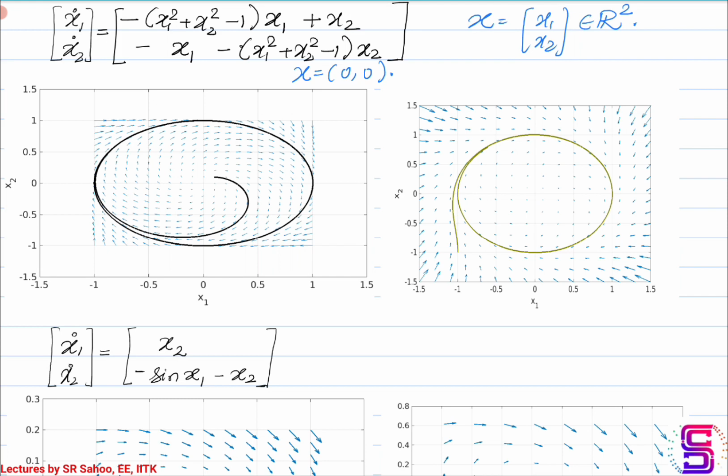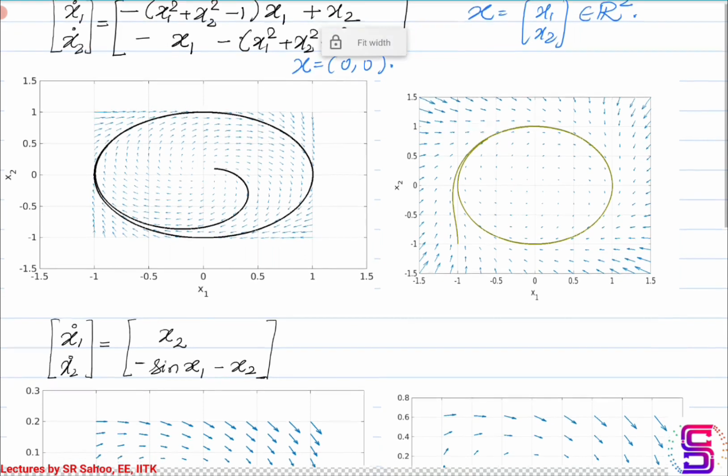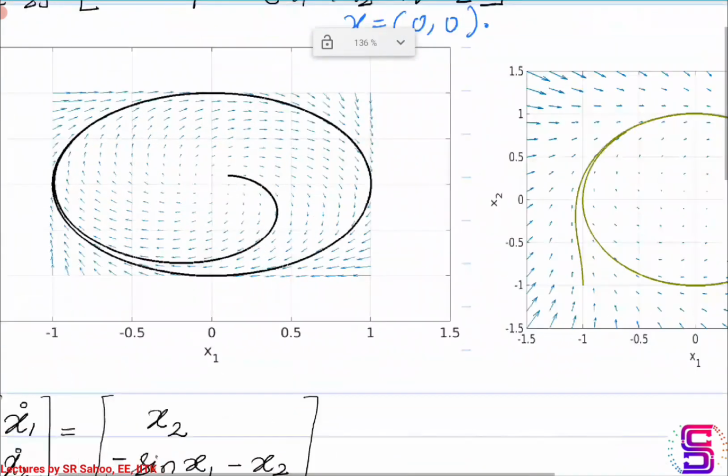What I observe is that the vectors inside the circle of radius 1 are such that they are pointing outwards from, let's see if I can zoom it.